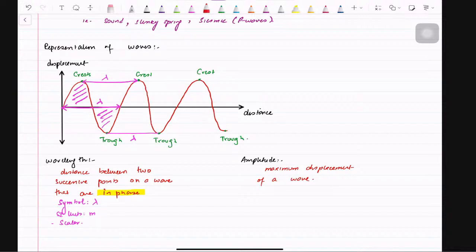The symbol of amplitude is A, and the SI unit, because it is displacement, is meter, and it is a vector quantity.